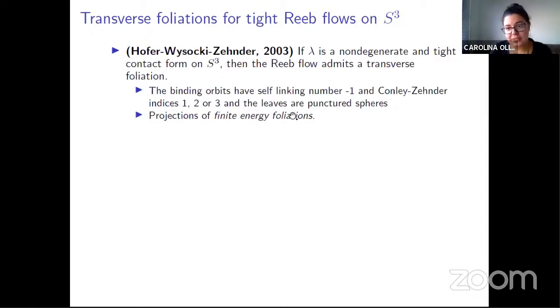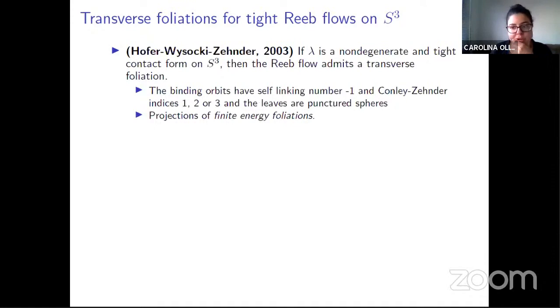When you project this foliation to S3, you have a transverse foliation, and you have some possibilities for the binding orbits and the leaves. All binding orbits have Conley-Zehnder index 1, 2, or 3. The leaves have genus 0 and are punctured spheres.